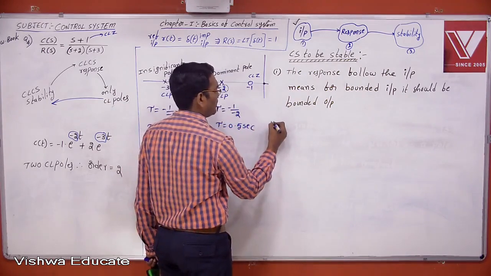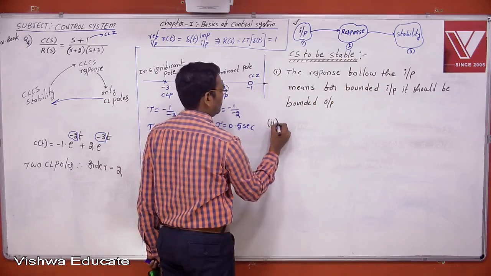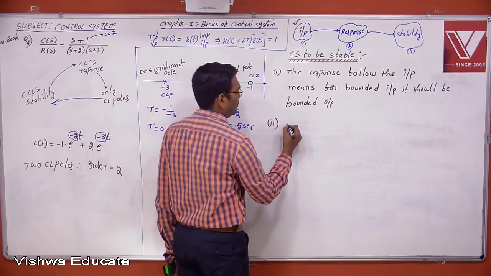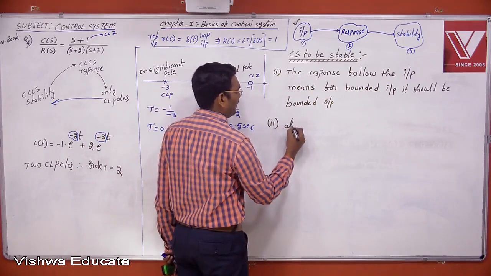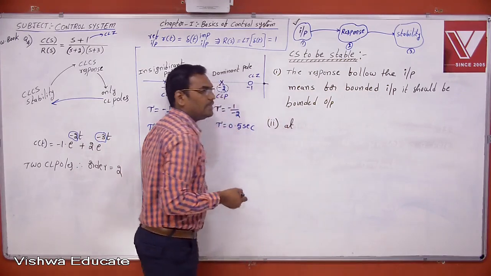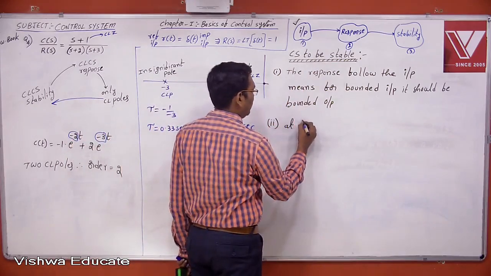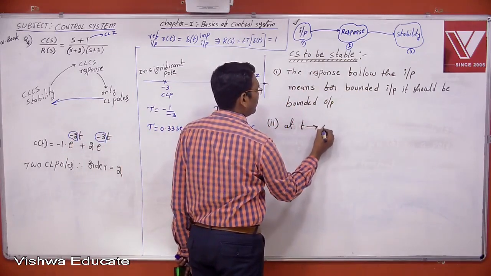And second point, this is one easy method to identify the closed loop control system to be stable.